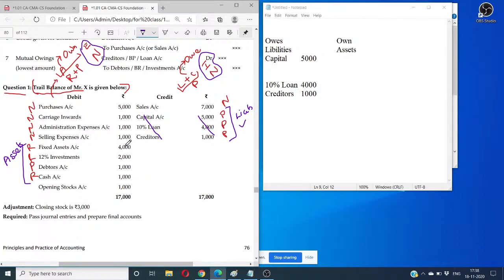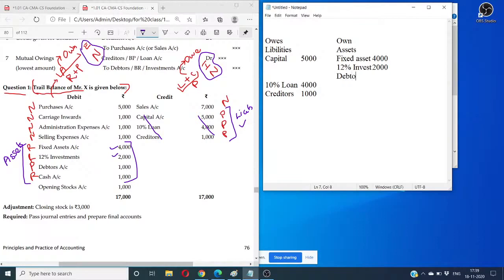Similarly, these are the owning items, or assets. I am going to post those in the asset side one by one here. So I have fixed assets, being 4,000 rupees, and then I have 12% investment, value being 2000 rupees.